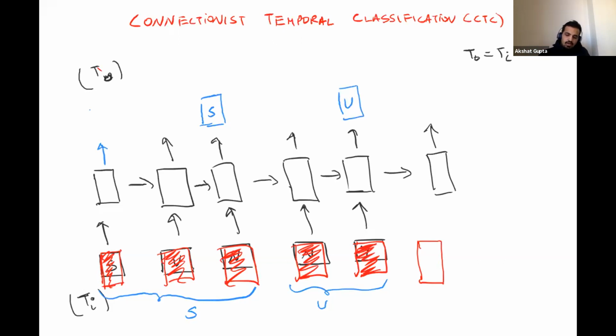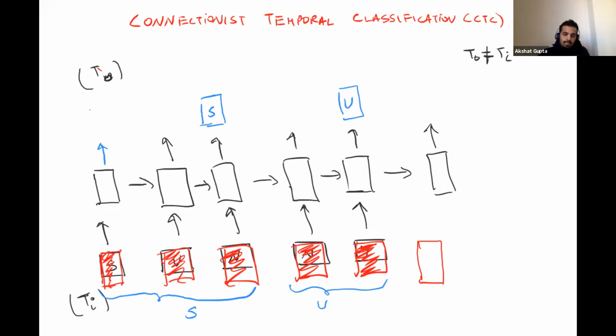So again, in this scenario, T input is not equal to T output in terms of the sheer number of inputs that go in and outputs that are produced. But we do have timing information, and this problem again we can solve using our old friend cross entropy loss.